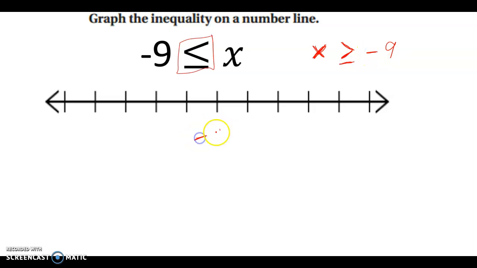So on my graph, if I have -9 right there in the middle, since it does say equal to, the circle is going to be closed. And now that I wrote it with my variable first, it does point the direction of the arrow. Otherwise, you gotta go, oh, it points the opposite direction if your variable is second. So that's how your graph would be. X is greater than or equal to -9. So these are all the numbers greater than or equal to -9.